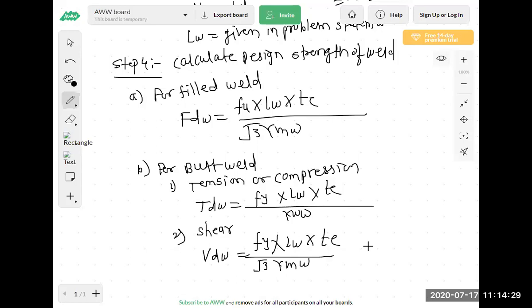So write down step number 4. If your writing is over, tell me it is over.